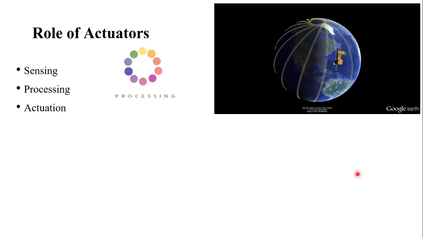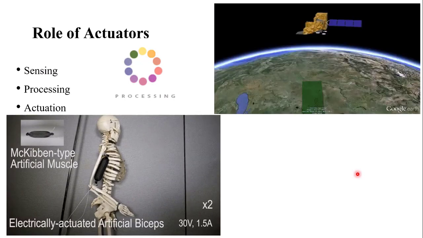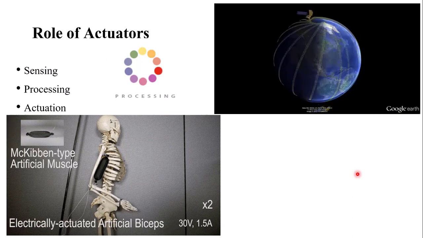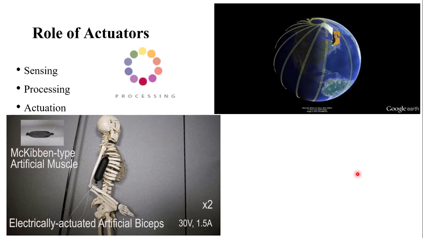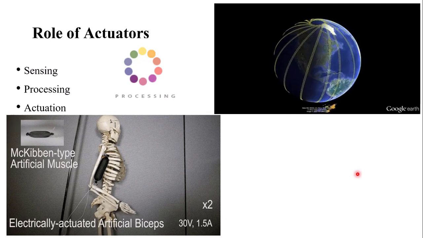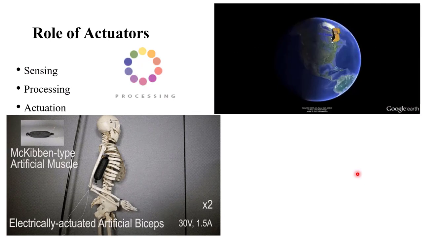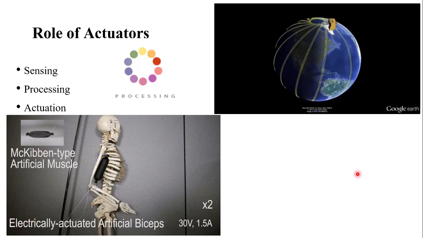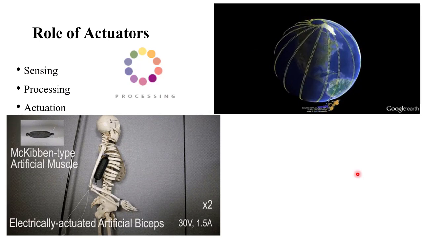Then we have the actuation. Actuation means whatever decision you have made in the processing step has to be actuated through different kinds of mechanical components, like the movement or the rotation, or you can say start the spindle, stop the spindle, or start the lubricant, or start the cutting oil in the machine.